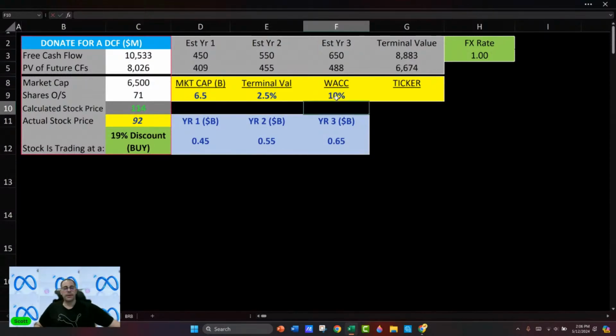Let's raise the WACC a little. So yeah, it seems slightly undervalued, but sometimes small caps will stay undervalued for a long time, while large caps will stay overvalued for a long time. Because it's kind of like marketing.